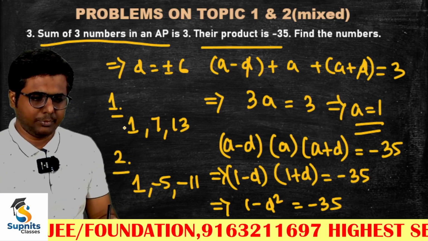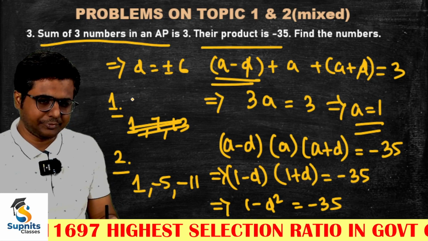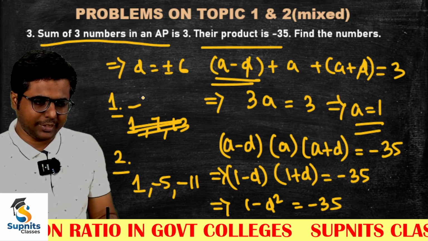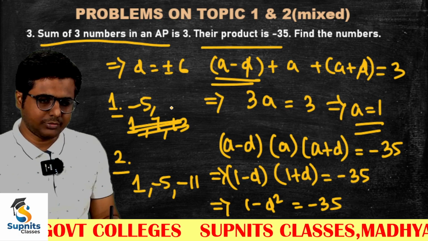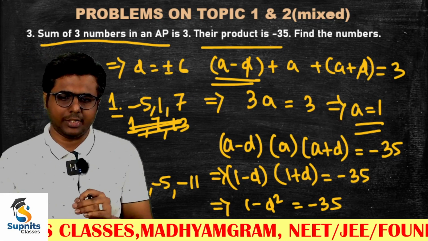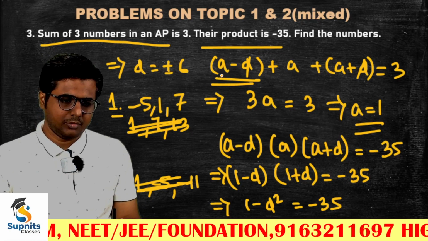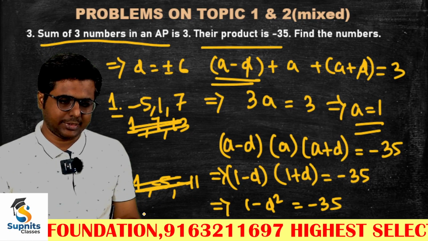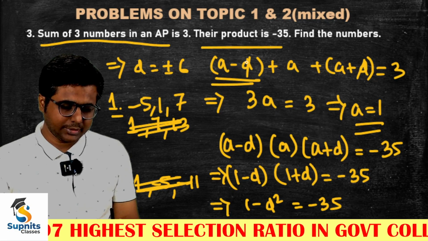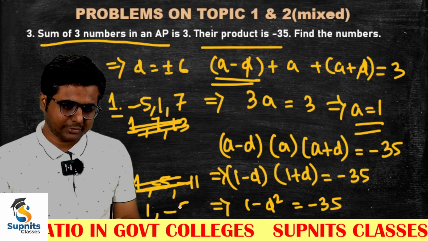Okay, here I think we made a little bit of mistake. The first term was A minus D, right? So it is 1 minus 6, so minus 5, comma this is 1, and 1 plus 6 is 7. So the multiplication will come minus 35. I understood this because the multiplication was not matching. The other case will be 1 minus minus 6, that is 7, 1, minus 5.